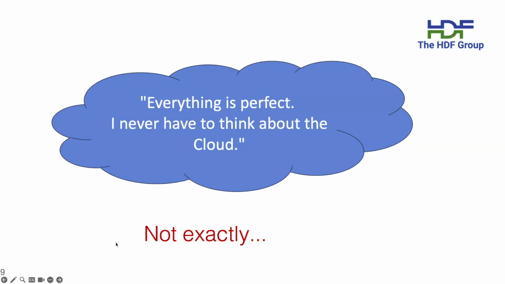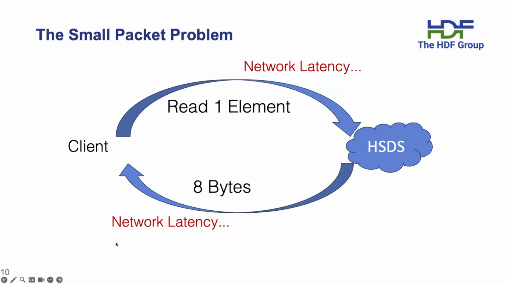Maybe you don't have to think about the fact that you're now working on the cloud, but you probably should. And one of the reasons that you should consider this is the small packet problem. Now, this is maybe a contrived example, or maybe not. But let's say the client wants to read just one single element from a dataset, and you're using HSDS to do that.